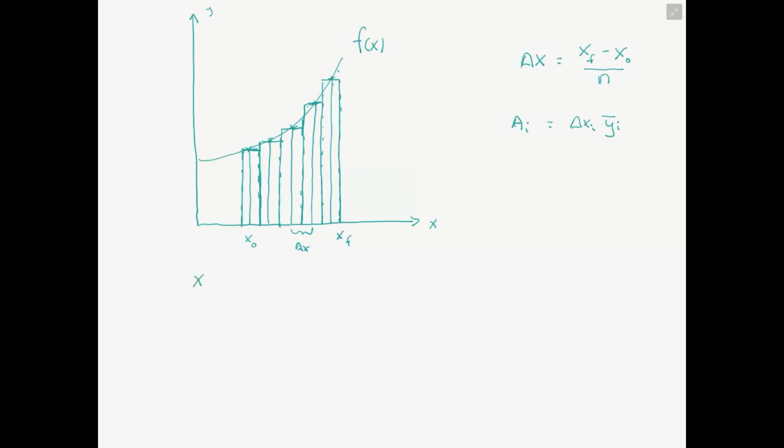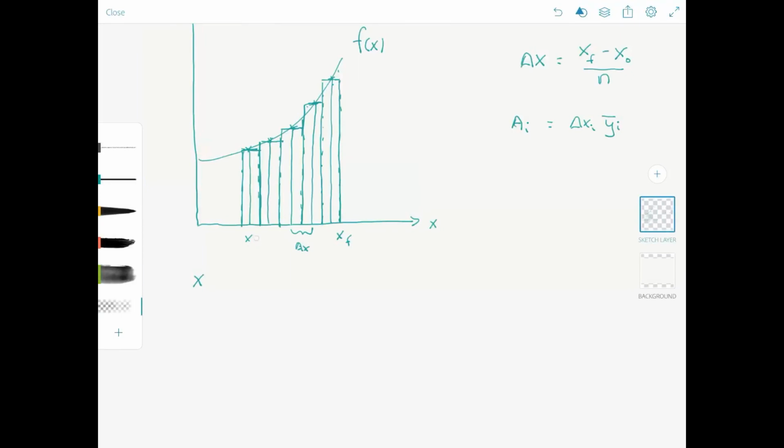Well, if we look at x and make a table, x1, x2, x3, x4, and x5.